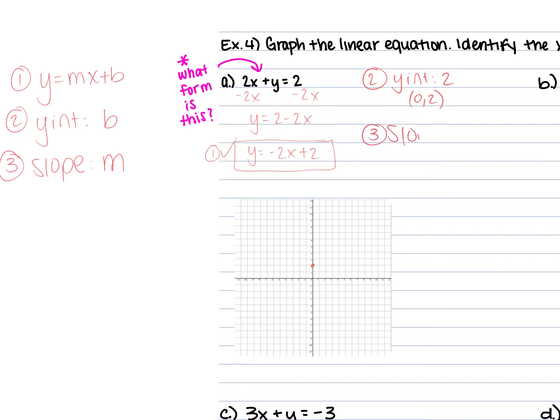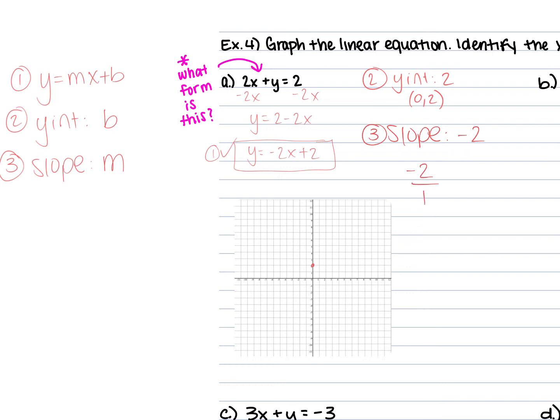Slope. Who knows the slope of this guy? It's not 2. It's negative 2. Watch carefully. We need to write negative 2 as a fraction so we know the rise and we know the run. Does anyone know what negative 2 as a fraction would be? Gabriel? Negative 2 over 1. Yes, negative 2 over 1.